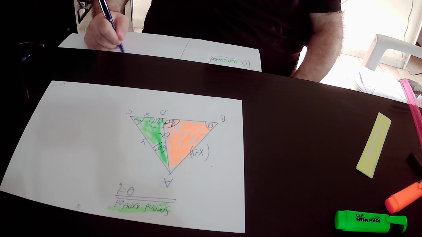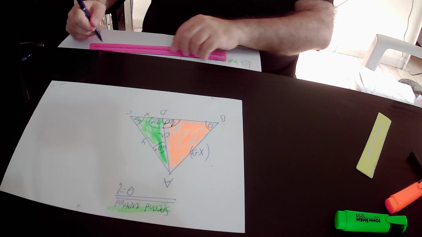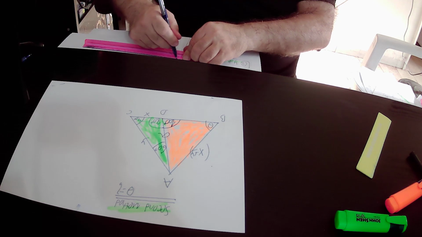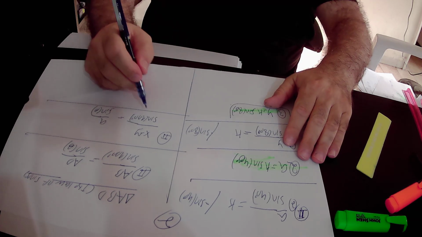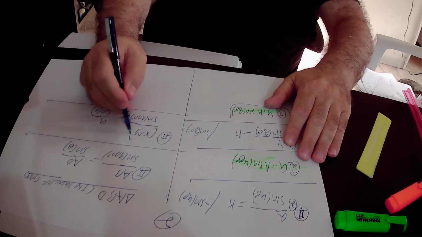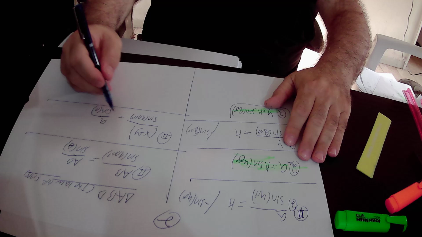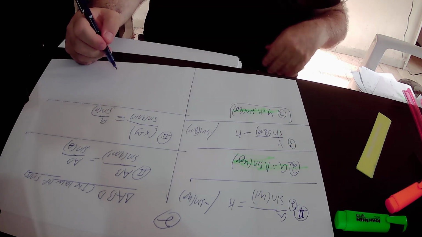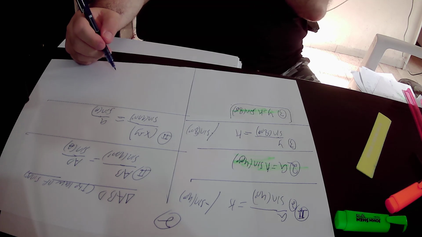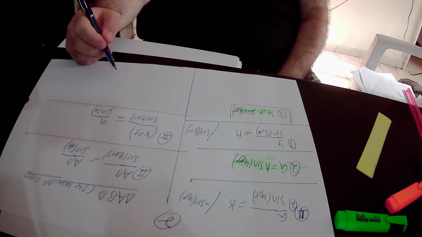So we actually found out that x plus y over sine 100 degrees equals A over sine theta. Now we substitute x, y, and A by the values that we found for them.